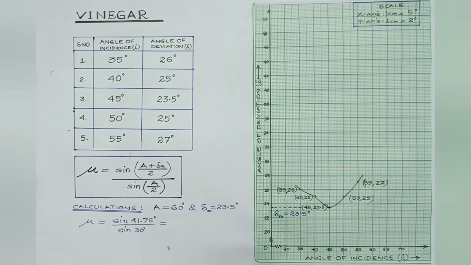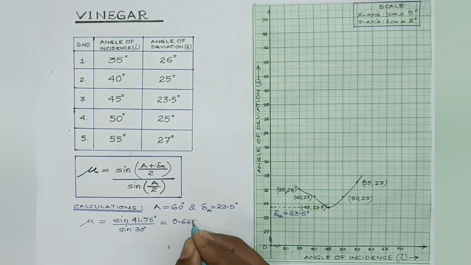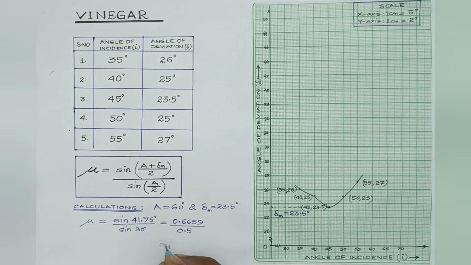So again, using the trigonometric table, sine 41.75 degrees is approximately 0.6659, divided by sine 30, that's half, 0.5. So students, it comes out to be about 1.33.